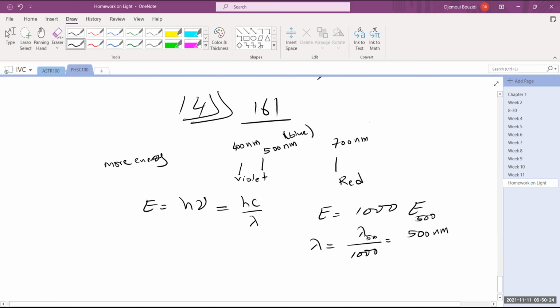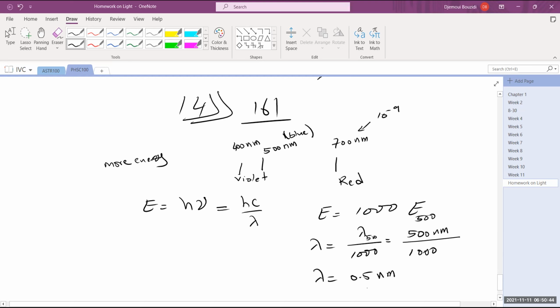By the way, a nano is 10 to the negative 9. These prefixes come in handy when you're doing these calculations. But we're not going to convert it. We're going to leave it in nanometers, it's no big deal. Divided by 1,000, that gives me the answer: 0.5 nanometer.